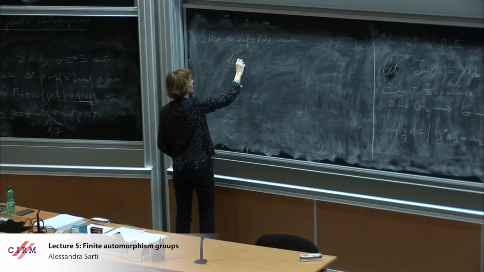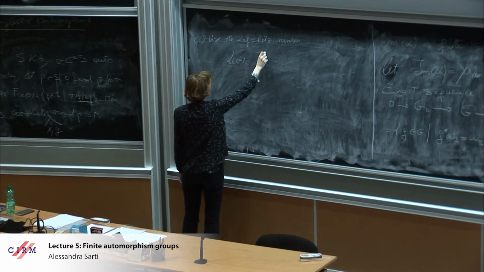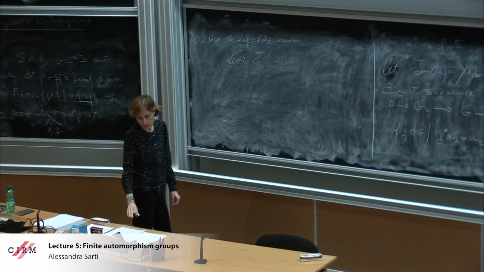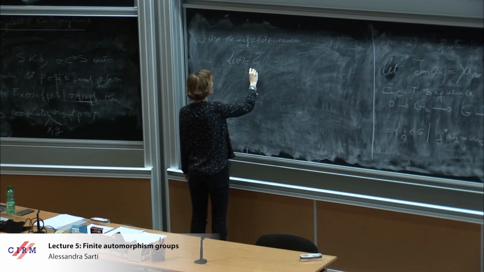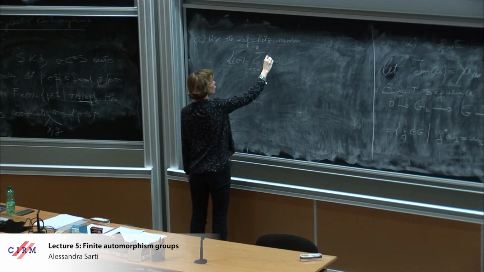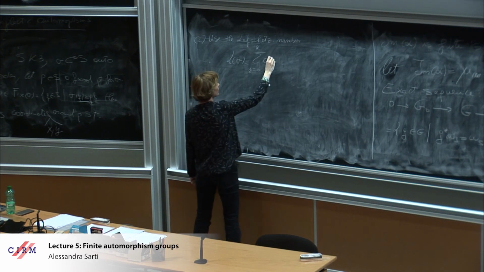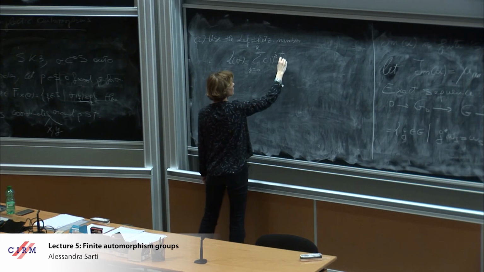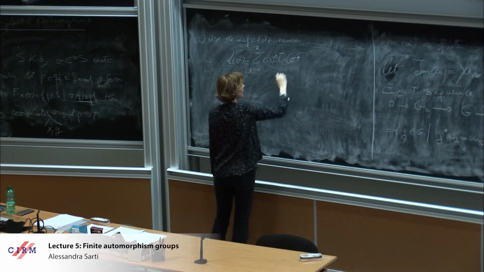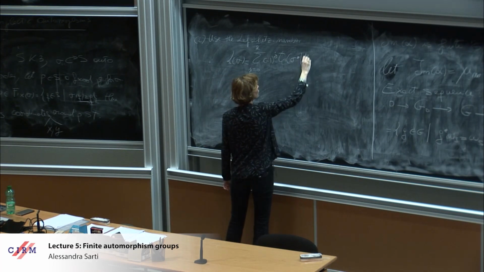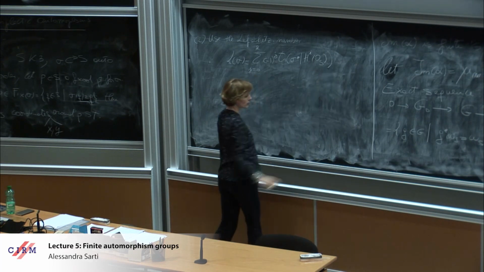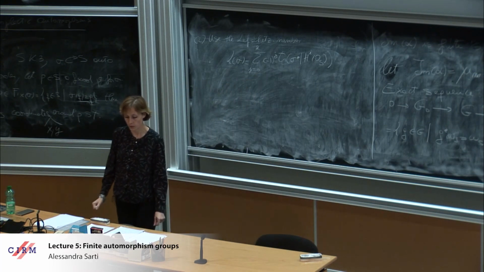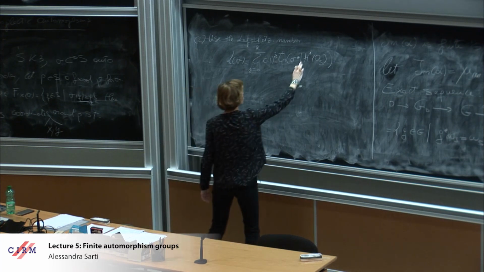L sigma is equal to the sum over j from 0 to 2 of (minus 1) to the power j, the trace of sigma star on Hj of O_S, the cohomology.